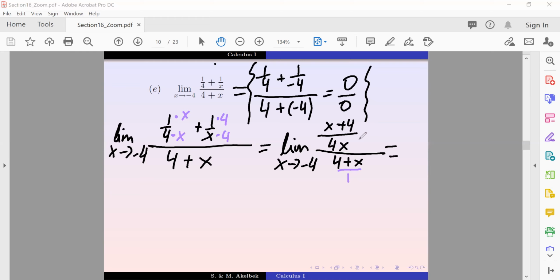So we have limit as x goes to -4 of x plus 4 over 4x times its reciprocal, which is this part, 1 over 4 plus x. We know 4 plus x is the same as x plus 4, so those two can reduce.